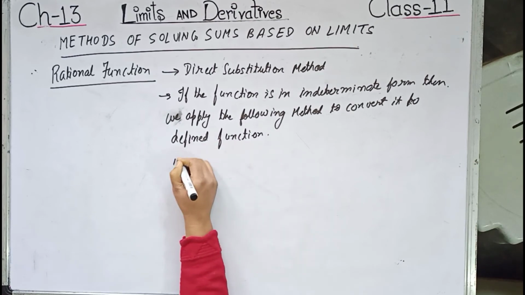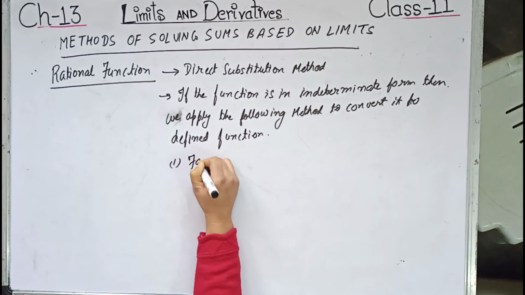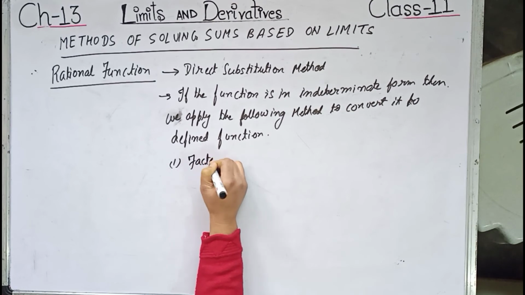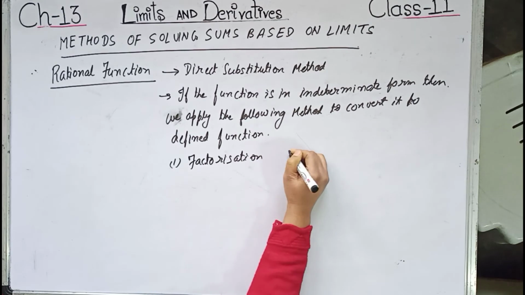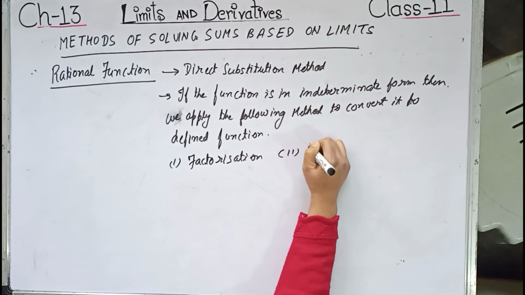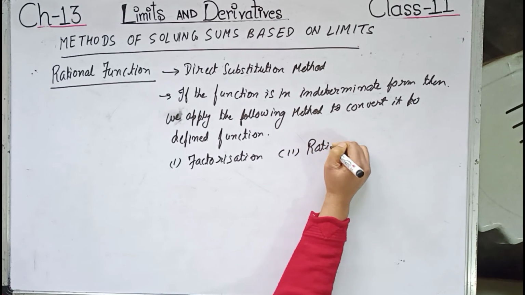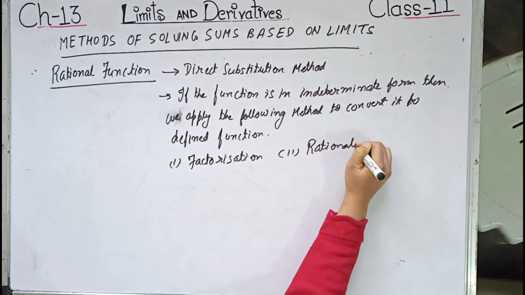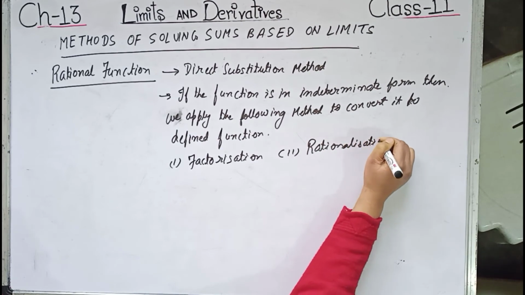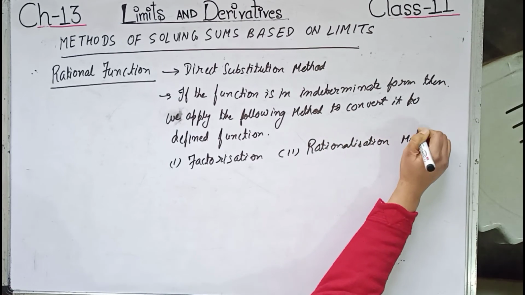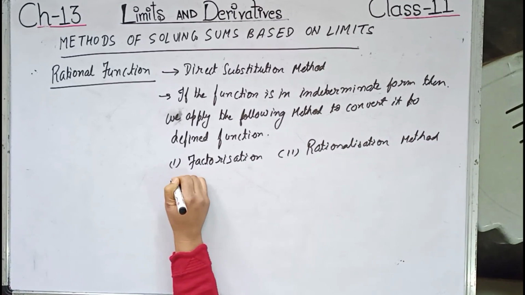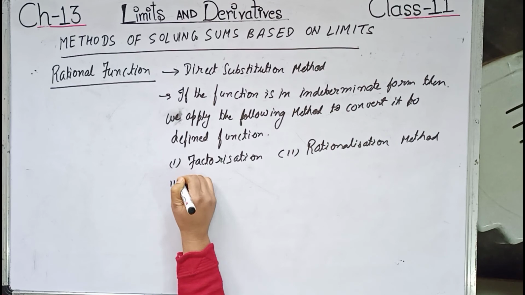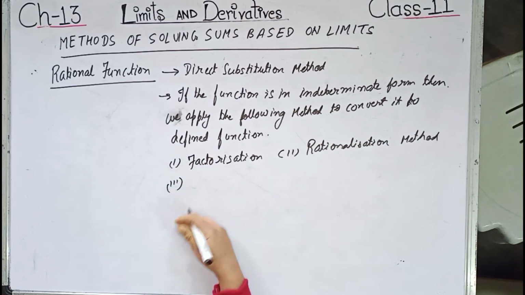That is number 1, factorization method, and number 2, rationalization method. And one formula also is there that we can use, that I'll be explaining properly in detail.